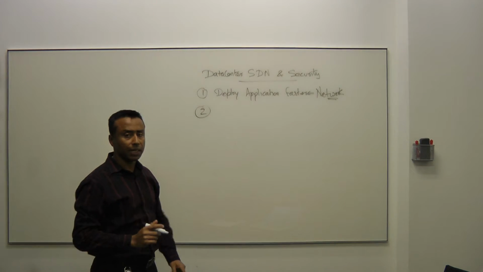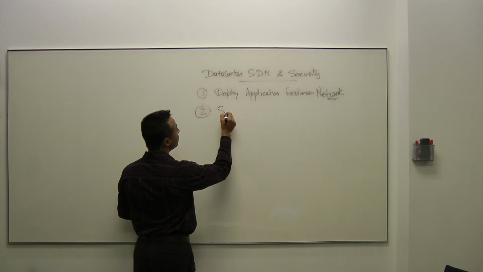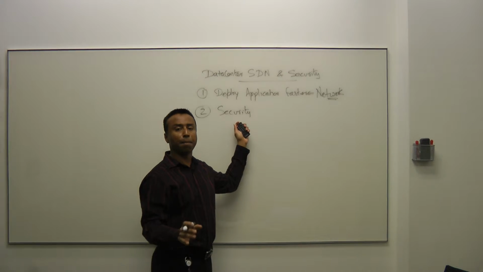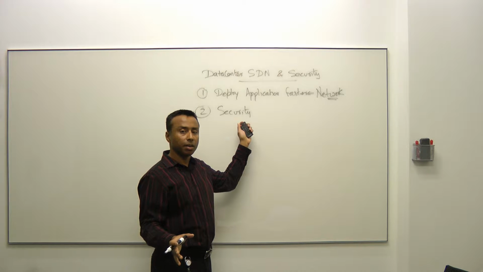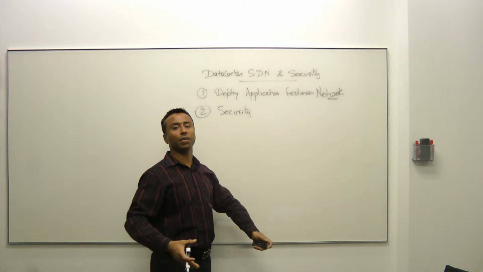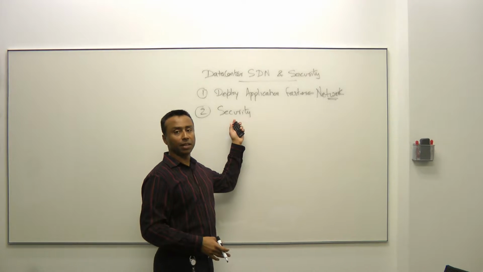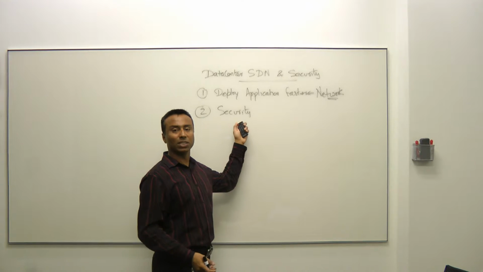The second element of network is the fact that security is not something that is embedded in today's networks. What I mean by that is when the internet came along and when networking companies were building network devices, and when the protocols were being developed, for example, TCP/IP, security was never in mind.